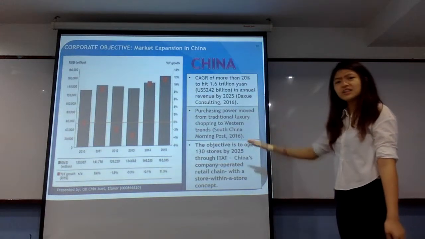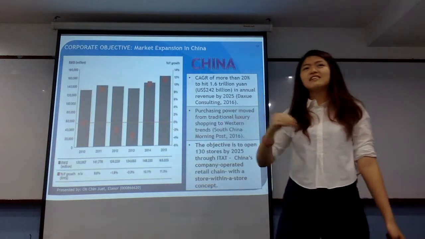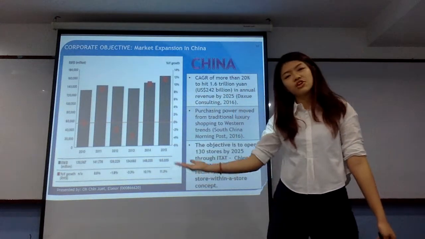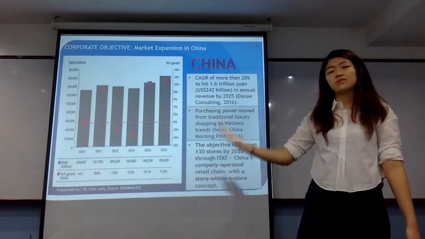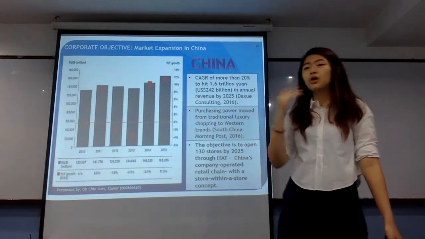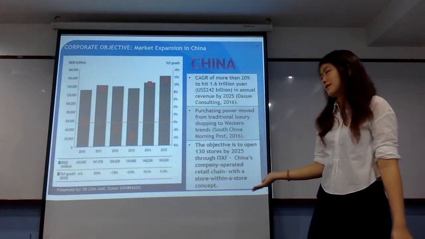You can see that the purchasing power in China is shifting from traditional luxury goods to Western trends, like the athleisure trend, which is athletic wear worn not only for exercise but on a day-to-day basis.